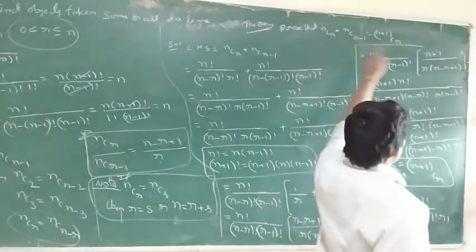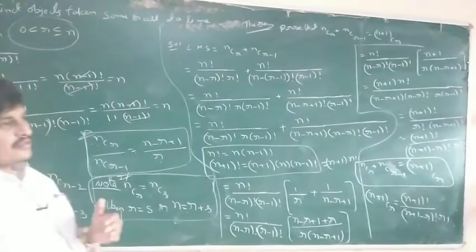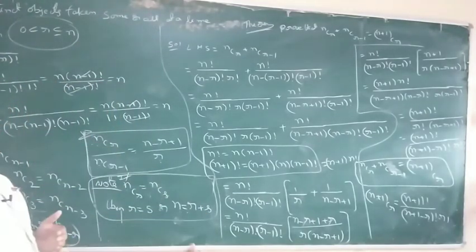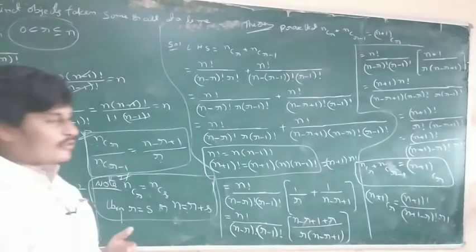So in the n plus 1 factorial, the highest number is first, next minus 1, next another minus 1. This is the factorial notation.